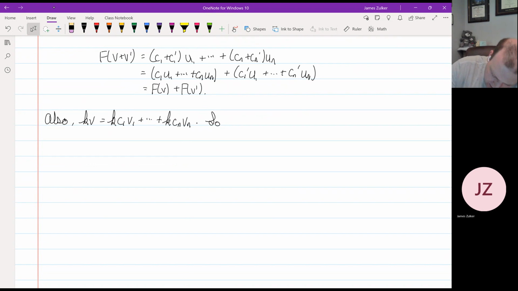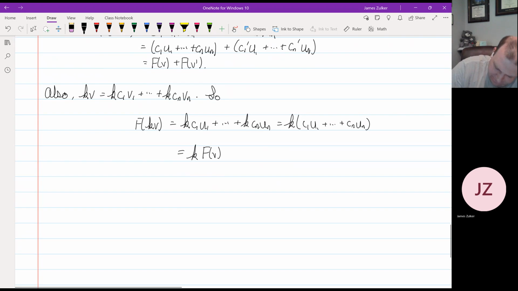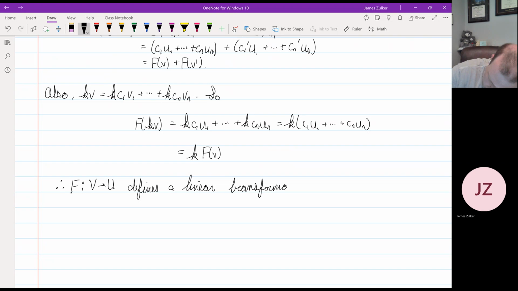So we look now at f of kV, which we're allowed to factor k out of, which of course is just k times f of V. So this mapping that we just defined defines a linear transformation. Now we just need to prove that it's unique.